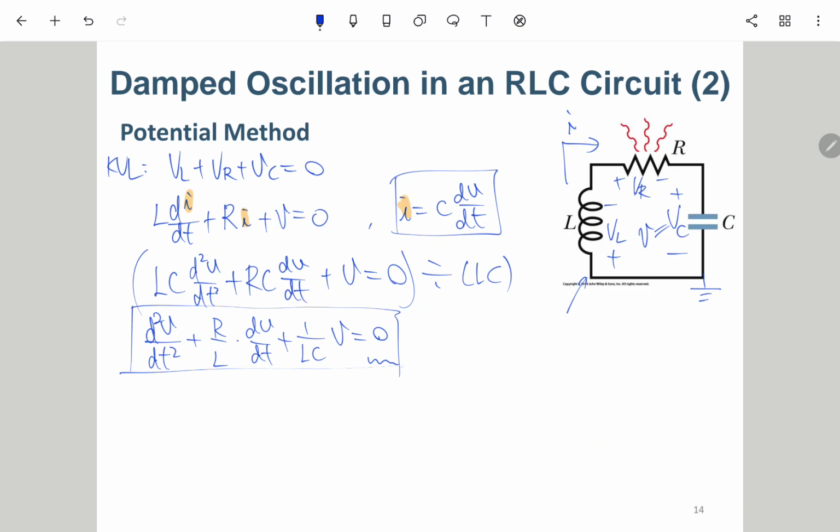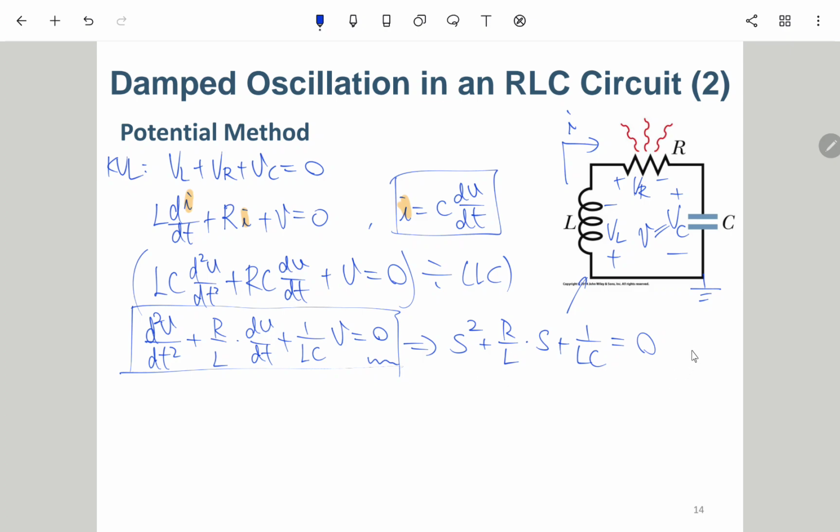So we can make it s squared plus R over L times s plus 1 over LC times 1. I don't write it out. This is the second order algebraic equation, or we can call it the characteristic equation or the auxiliary equation of this homogeneous equation.